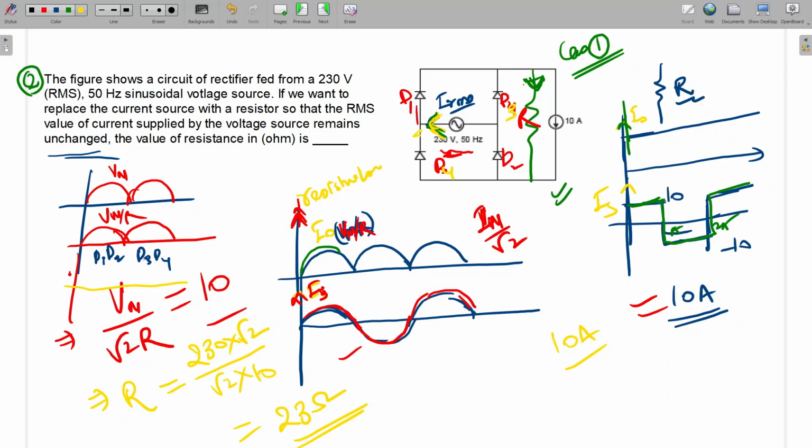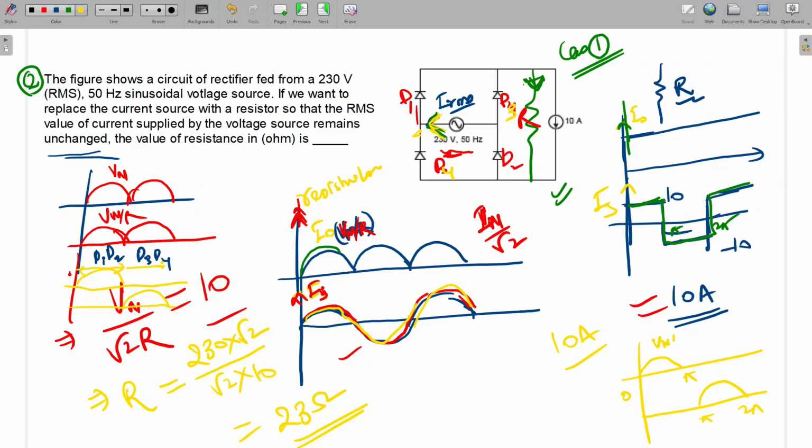So ID1 minus ID4. Here to here it is ID1, and here to here it is ID4. So if we do ID1 minus ID4, that will be this kind of waveform. ID1 will be 0 to pi, ID4 will be pi to 2 pi.